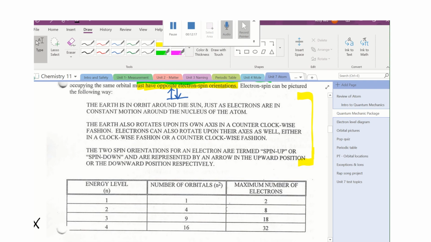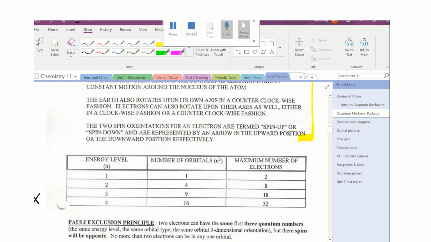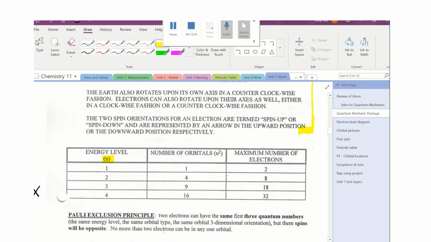So here on this table is just the summary of what we just talked about. The energy level n, and then the number of orbitals. So we talked about the energy level 1 only has 1 orbital. Because each orbital only fits maximum 2 electrons, in energy level 1 it can hold maximum 2 electrons.